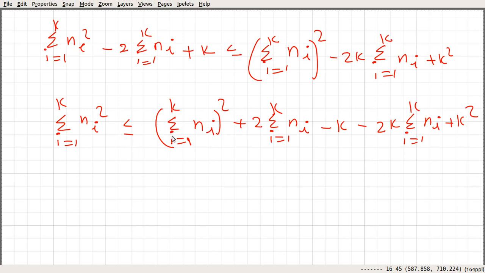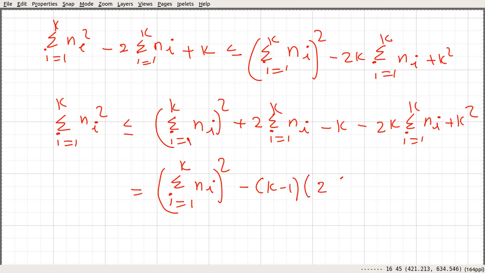Okay, so if you simplify this, you get this right hand side equal to (sigma i=1 to k of n_i) the whole squared, minus, I think you can go through this step, or if you multiply these together you get (k minus 1) times (2 sigma i=1 to k of n_i minus 1).